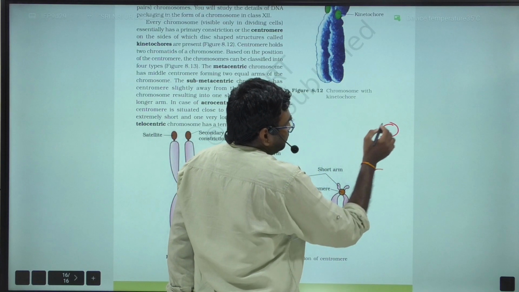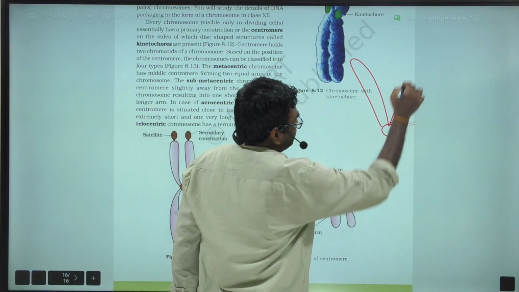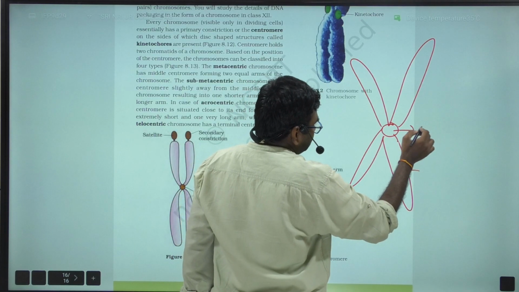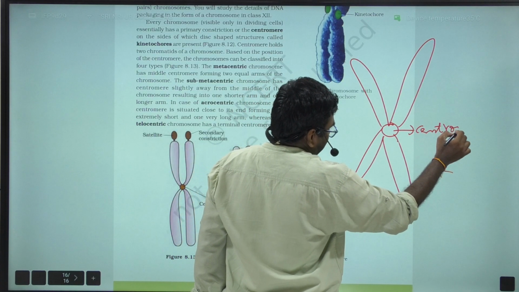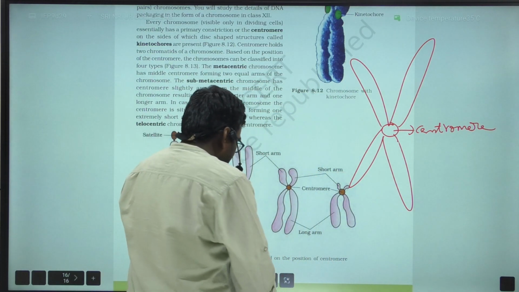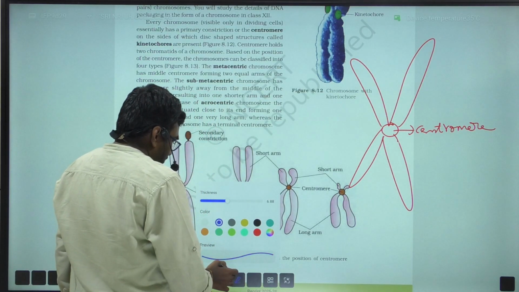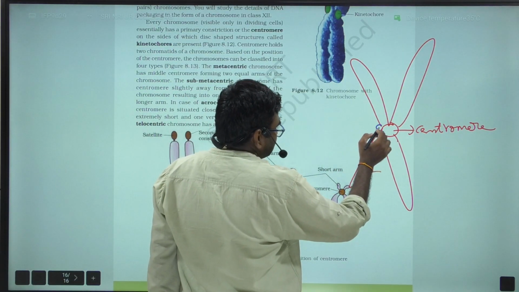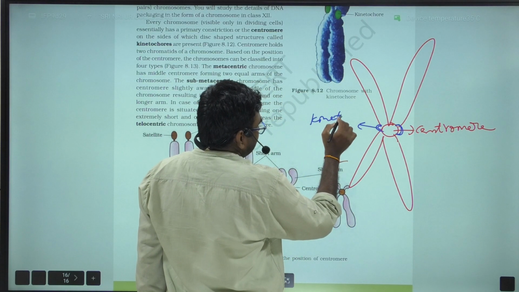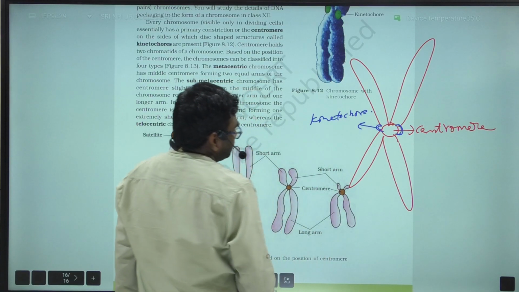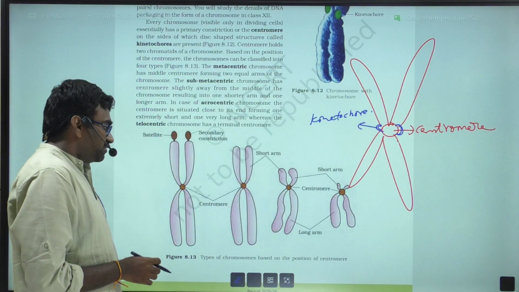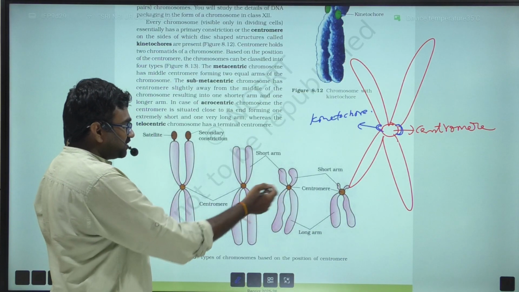So this is the primary constriction, also called the centromere, and this centromere is covered by a disc-like structure called the kinetochore. Right? So based on the position of centromere, we have different types of chromosomes.